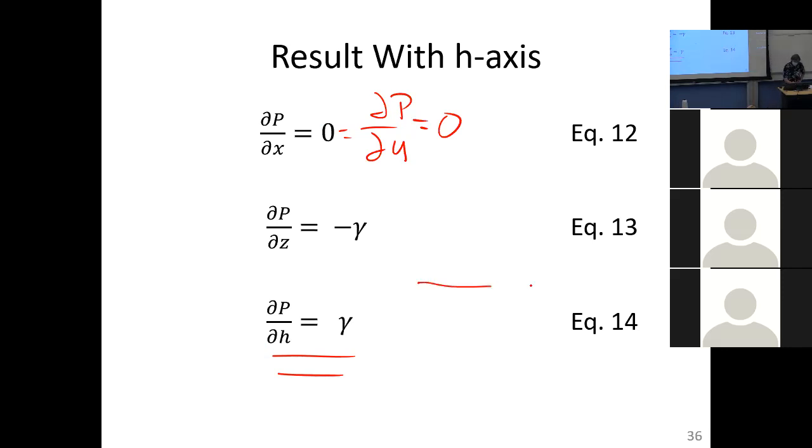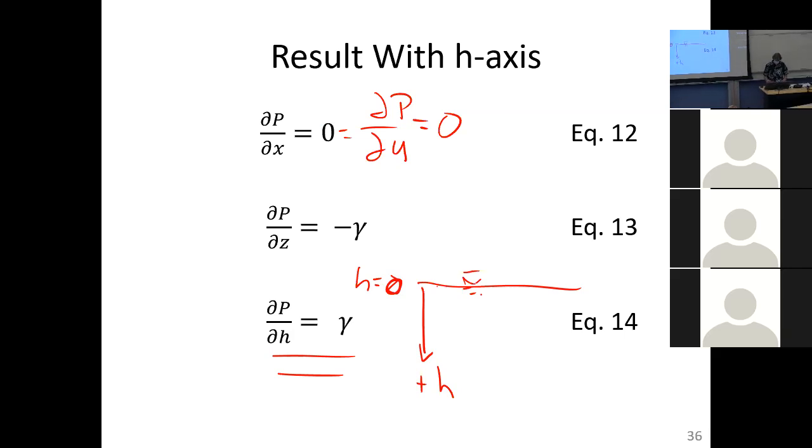And again, if this is a free surface, now as you go down into the fluid, the pressure and the h-axis are both increasing as you move downward. With the z-axis, z increases up as pressure increases going down. And that's what gives you that negative sign there.